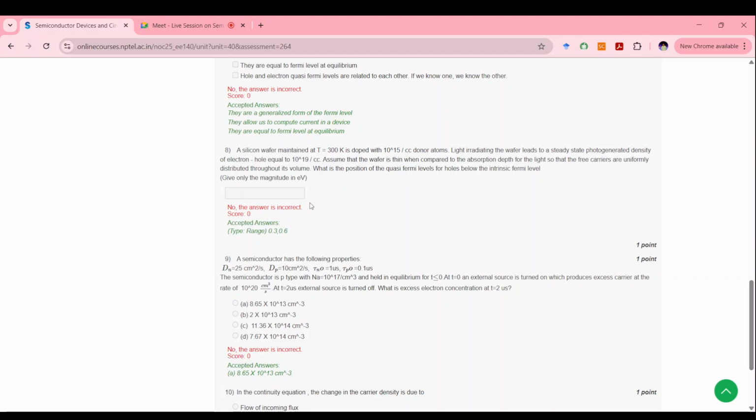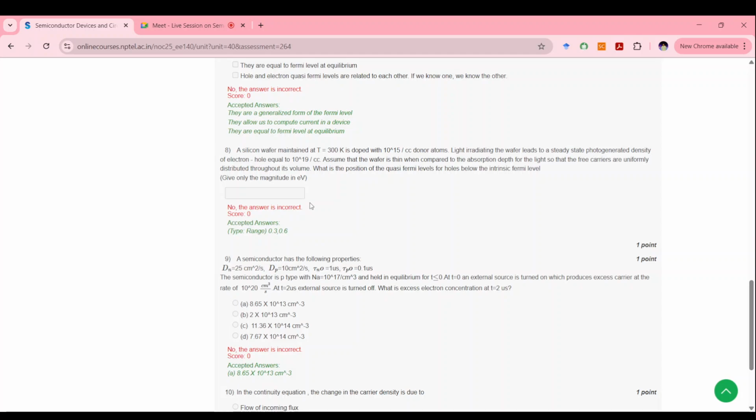Light irradiating the wafer leads to a steady state photo-generated density of electron hole equal to 10 to the power 19 per cc.